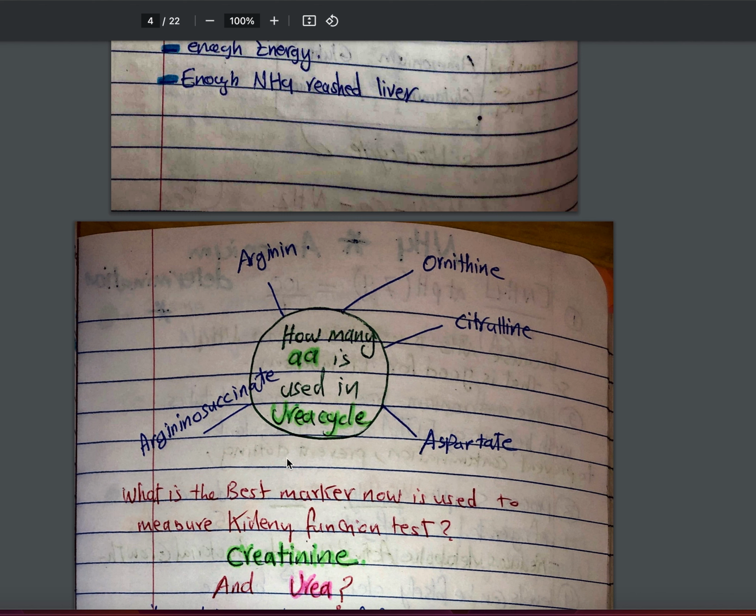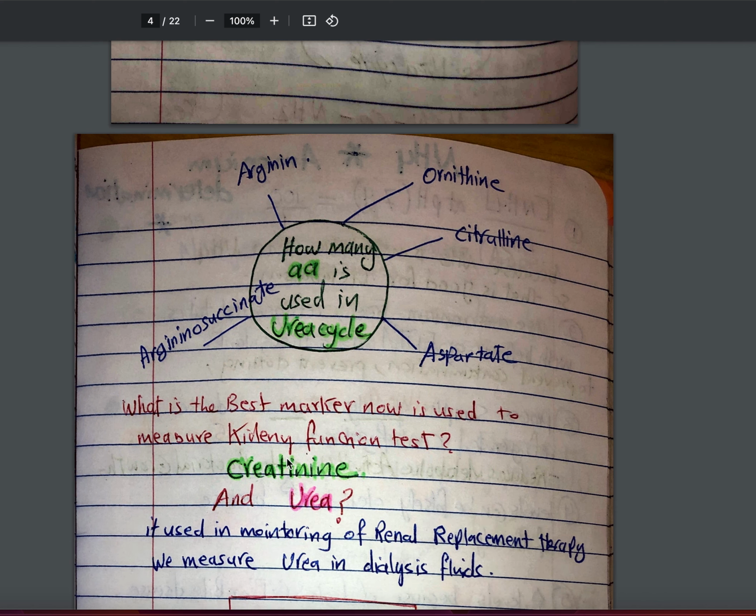Maybe we just understand that arginine is an amino acid and aspartate is an amino acid, but what are citrulline or argininosuccinate? They are just compositions of amino acids. That's why we call them arginine or citrulline. So we use all these members: arginine, aspartate, citrulline, and also argininosuccinate.